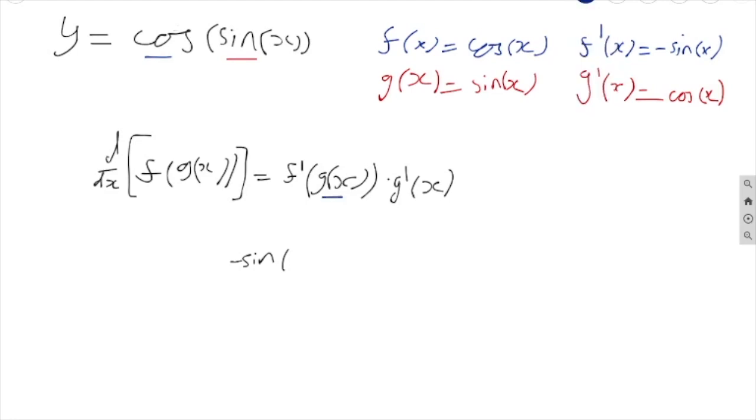This one right here. Let's do red. So inside our sine, we imply g of x, which is sine. And we're going to multiply this by g prime, and g prime we have pretty comfortably is just cos of x.